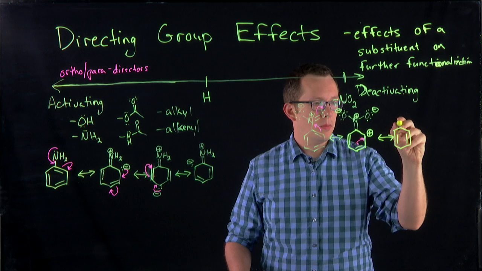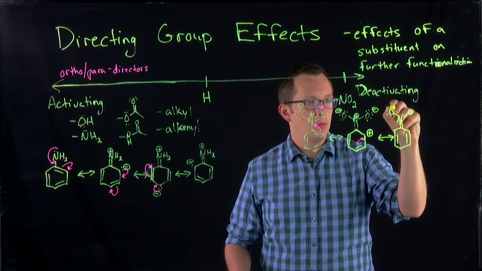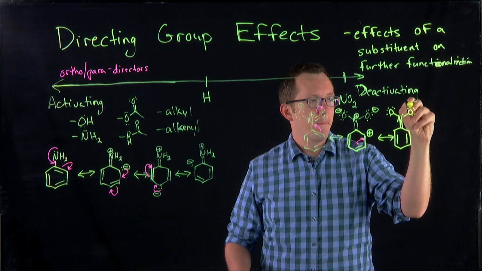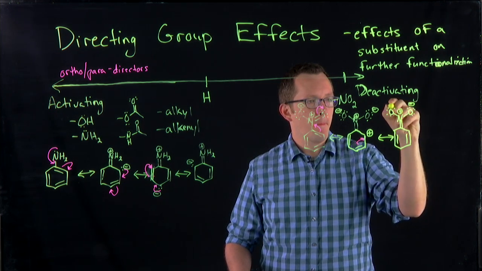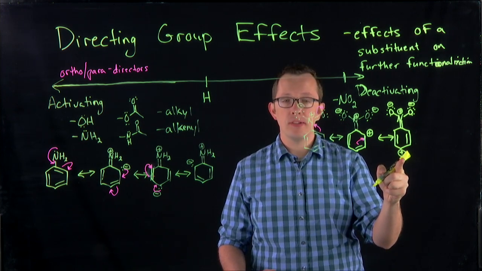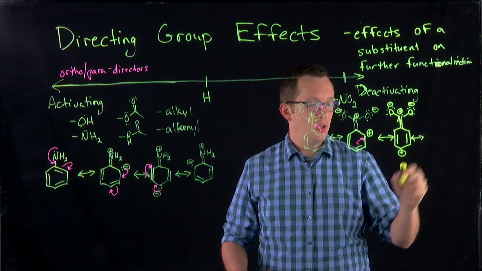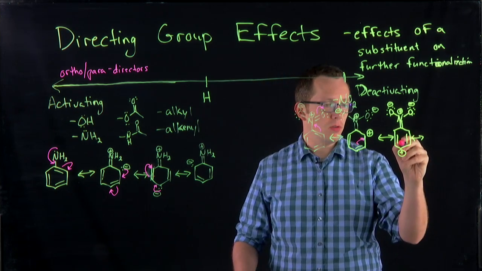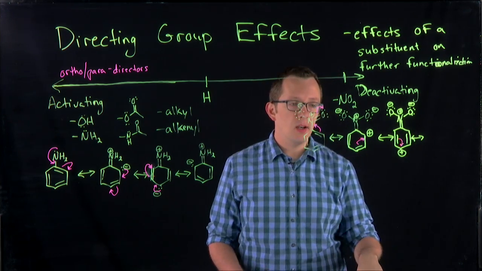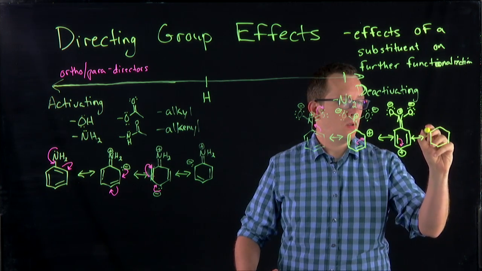All right, so we end up with an electron deficient carbon at the para position, and we can keep pushing the arrows around so that the other ortho position is also electron deficient.